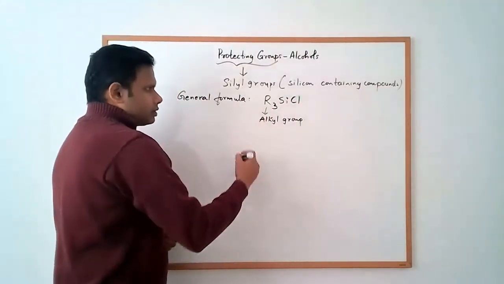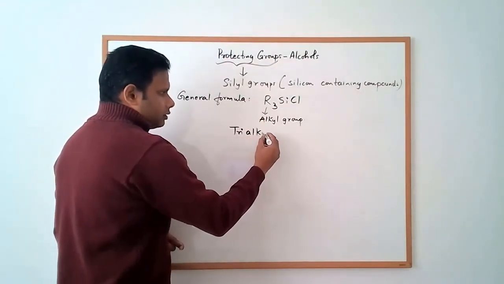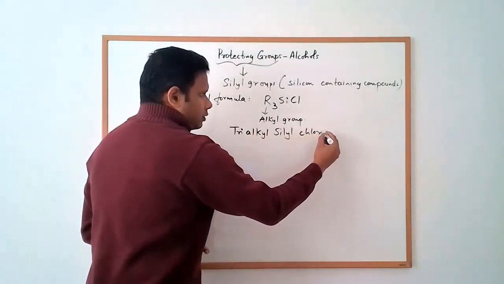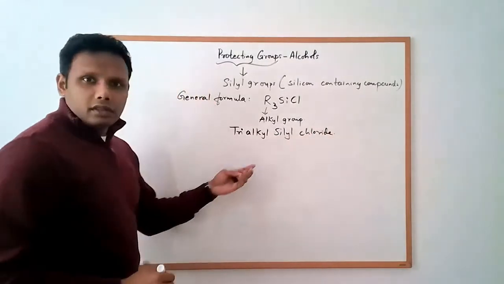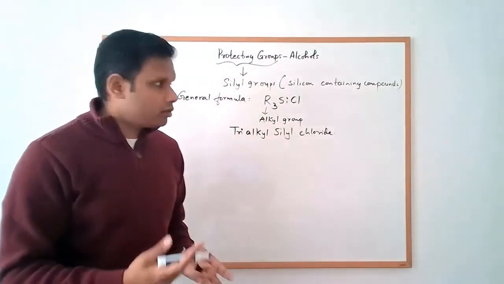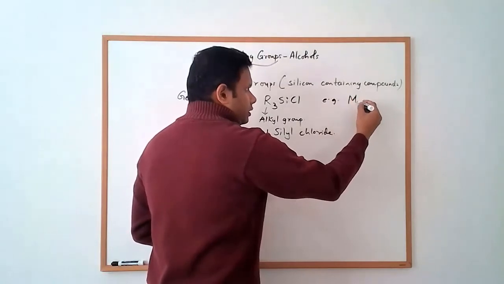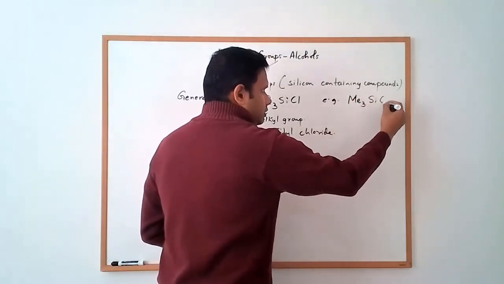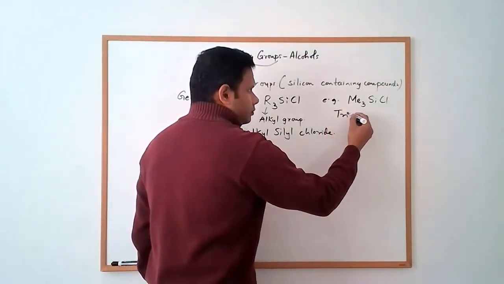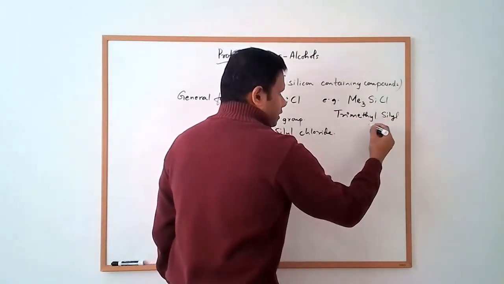So this compound here is basically a trialkyl silyl chloride. That would be the name of this compound, trialkyl silyl chloride, but the general name of this compound. Now, a specific example of this could be trimethyl silyl chloride.